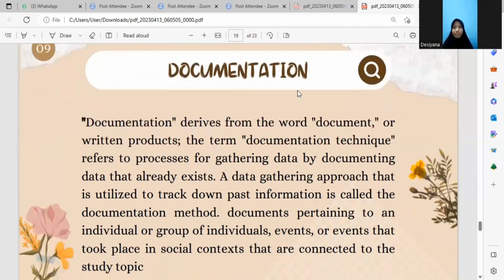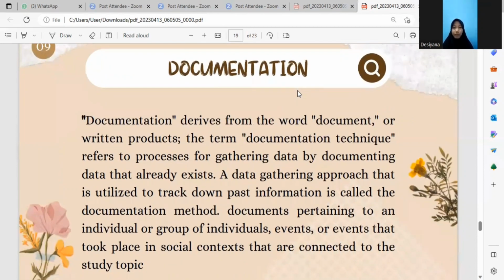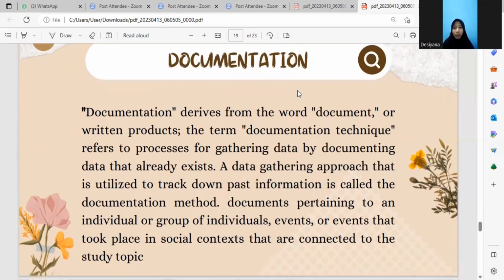Next, documentation. Derives from the word document or written products. The term documentation technique refers to the process of gathering data by documenting data that already exists.